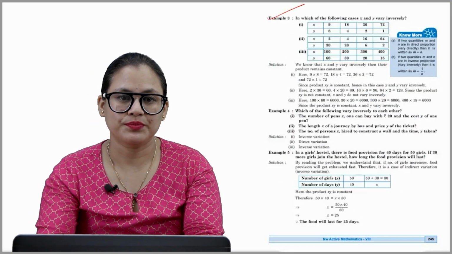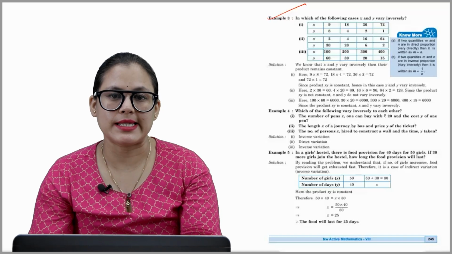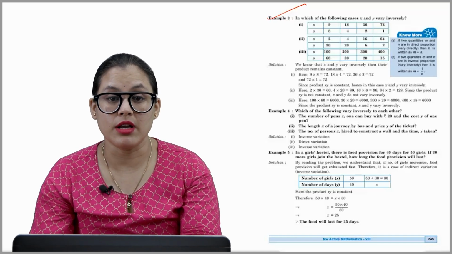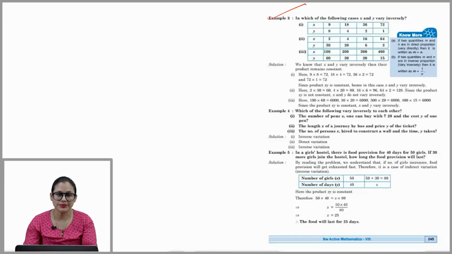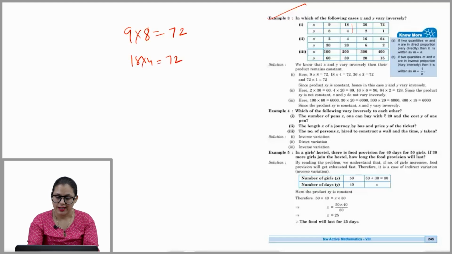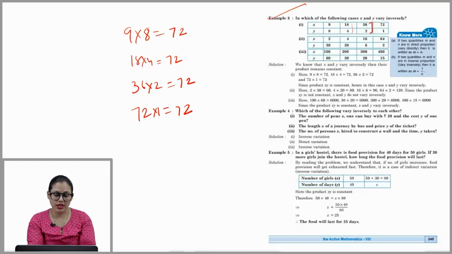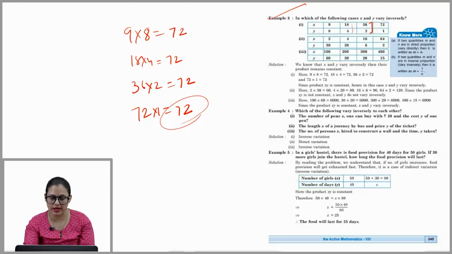See this example. In which of the following cases do x and y vary inversely? Okay, so here, 9 into 8 is equal to 72. 18 into 4 is also 72. 36 into 2 is also 72, and 72 into 1 is also 72. So the product xy is constant, therefore in this case x and y vary inversely.